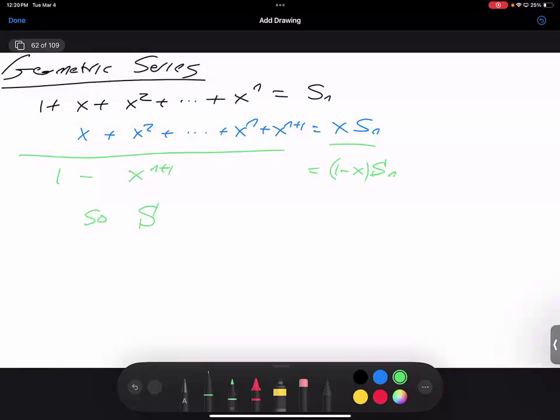So Sn is 1 minus x to the n plus 1 over 1 minus x. And then the typical geometric series formula is if the absolute value of x is less than 1, then as n goes to infinity, this goes to 1 over 1 minus x. You can view this as 1 over 1 minus x, minus x to the n plus 1 over 1 minus x. So as n gets very, very large, if x is less than 1 in absolute value, the second piece is becoming negligible.